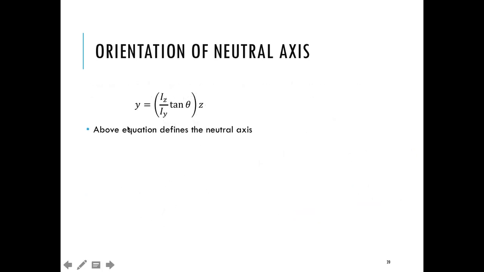So this expression right here, y is equal to this term times z. Note what's inside here. Iz and Iy are geometric properties of the cross section. For a given cross section, these two are constants. Tangent theta is a property of the applied bending moment, a property of the loading. So for a given problem, that's also a known value.